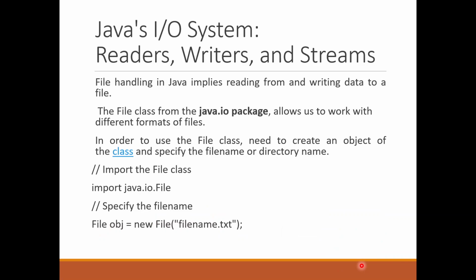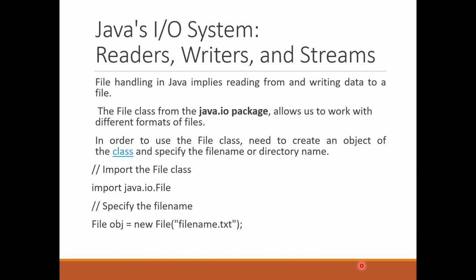Now how is this file handling carried out? So two basic operations are involved in Java. We have to read from the hard disk, whatever file you are storing on the hard disk. So you have to read data from the file, or you can write data to the file. These two operations are very important, but we cannot directly start with reading and writing data to the file.